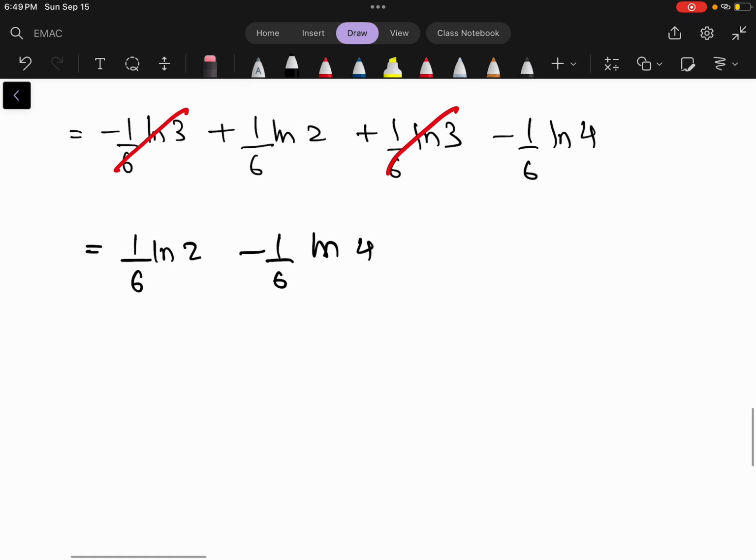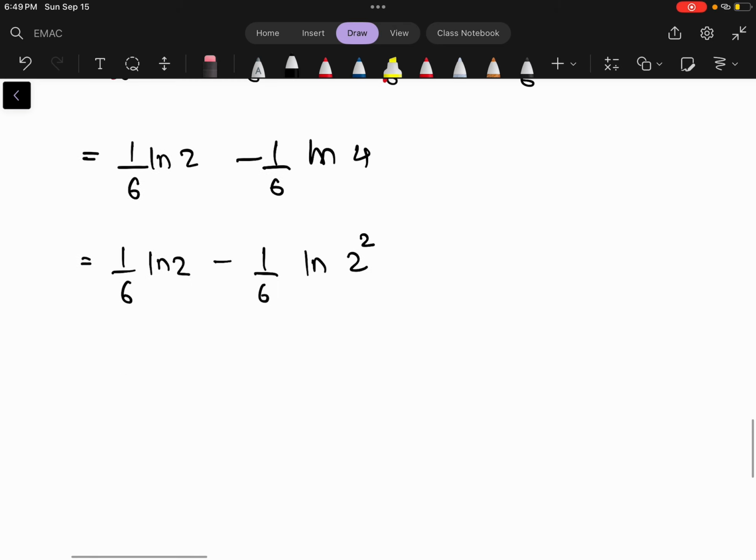Now there's a property of logs that will allow us to manipulate this further. We're going to rewrite this first as an exponent of 2, and there's a property of logs where you can bring this exponent out to the front. So that's minus 1 to ln 2.